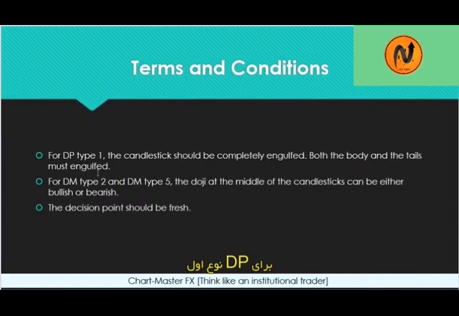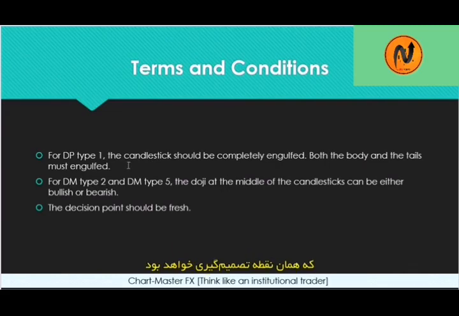So for type 1 of the decision point, you need to see that the candlestick have been fully engulfed. Both the body and the tails should be engulfed for you to be able to qualify that candlestick formation as DM type 1, which is also a decision point.